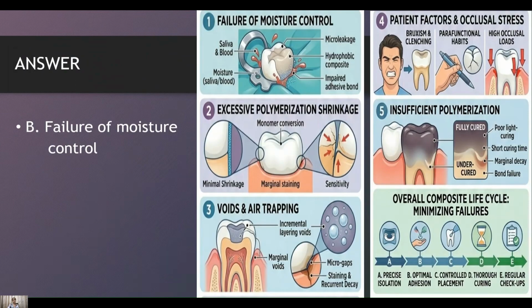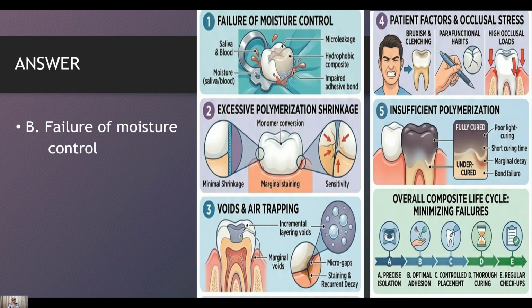The chemistry needs a completely bone-dry environment to form a hybrid layer and bond properly with the enamel and dentin tubules. So just a tiny microscopic splash of saliva or blood completely destroys that delicate adhesive layer, leading to microleakage, marginal staining, recurrent decay, and early failure of the restoration. So always slap on that rubber dam and keep it completely dry.